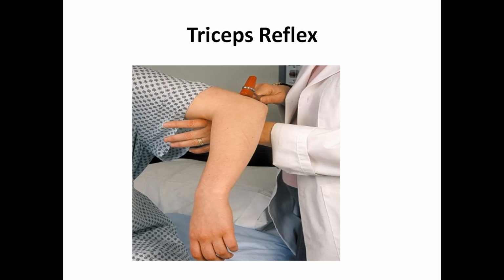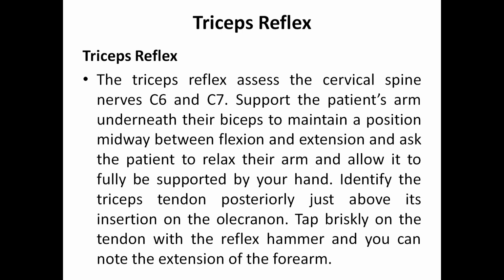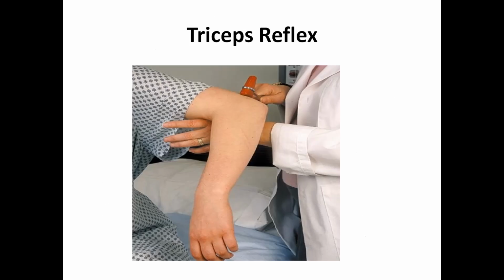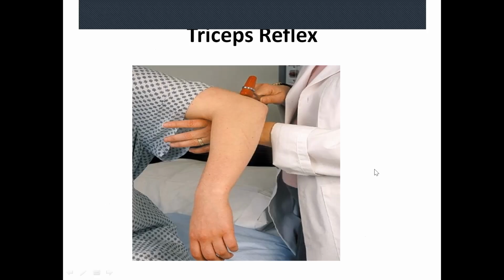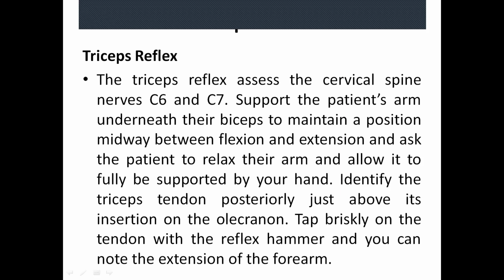Identify the triceps tendon posteriorly, just above the insertion at the olecranon, and tap briskly with a reflex hammer. You can notice the extension of the forearm.